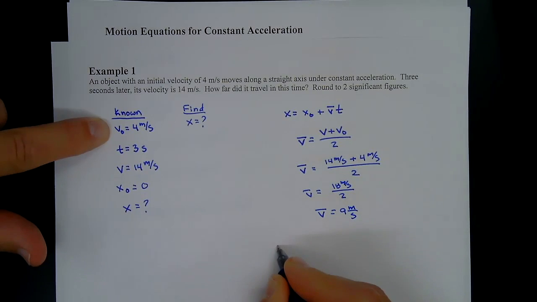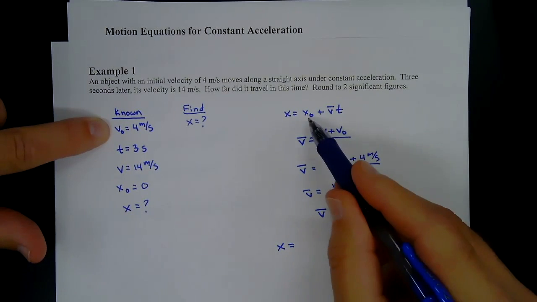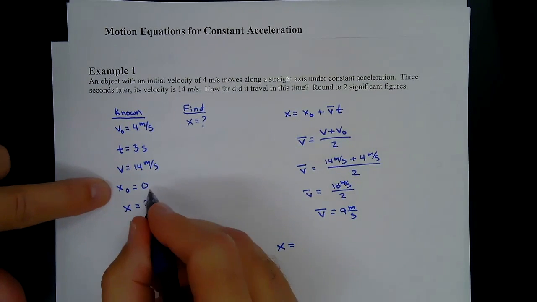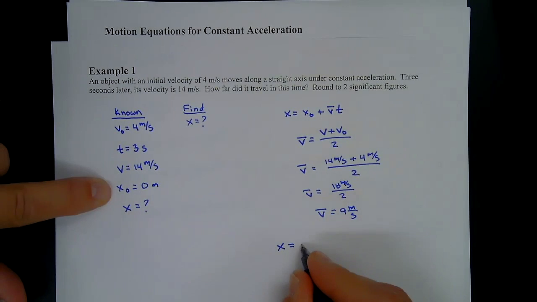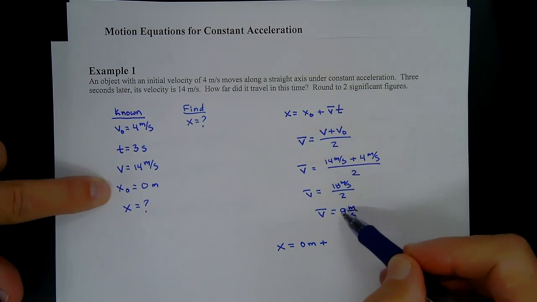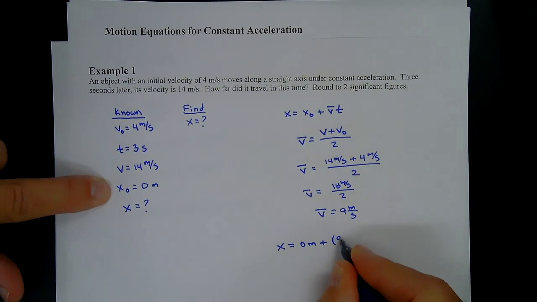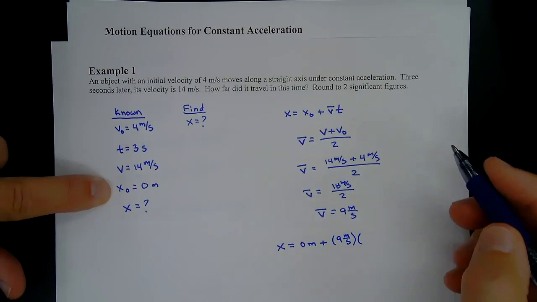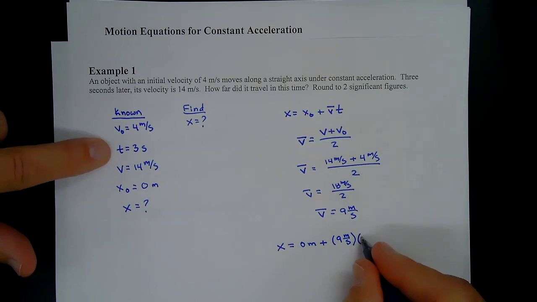Now I can use x is equal to my original position, which I know is 0, and I should have put meters on this. 0 meters plus my average velocity, which I now know is 9 meters per second, times my time, which is 3 seconds.